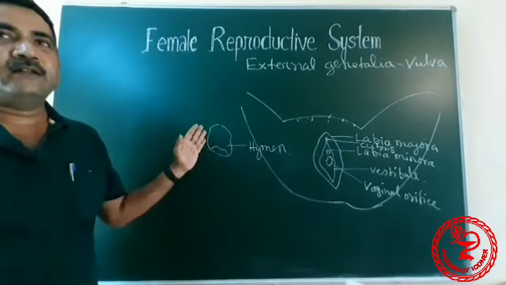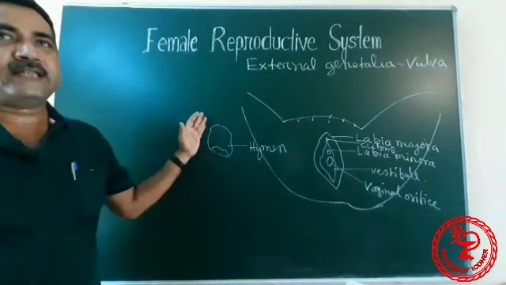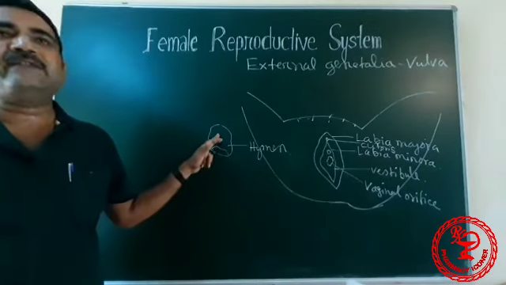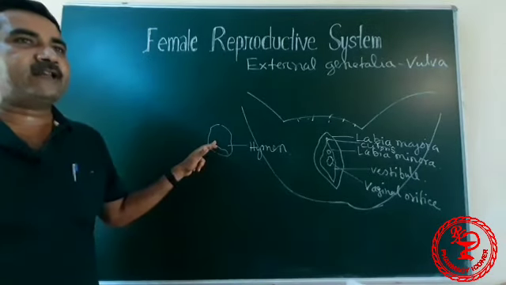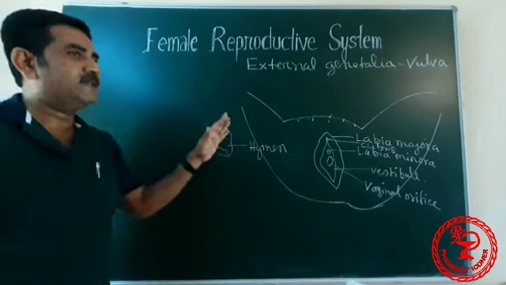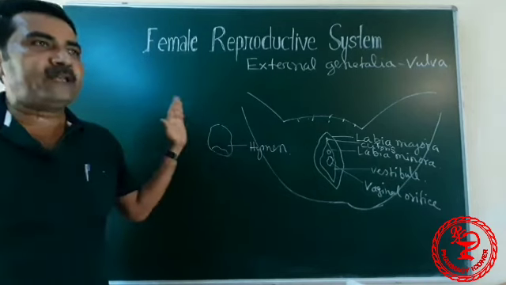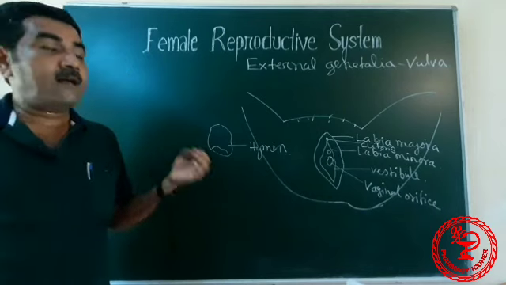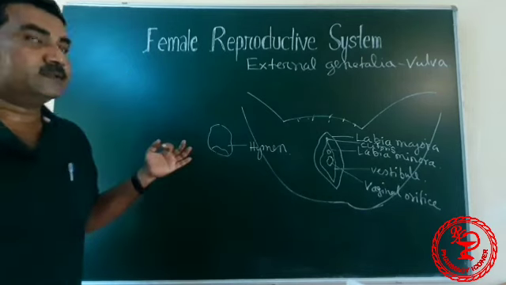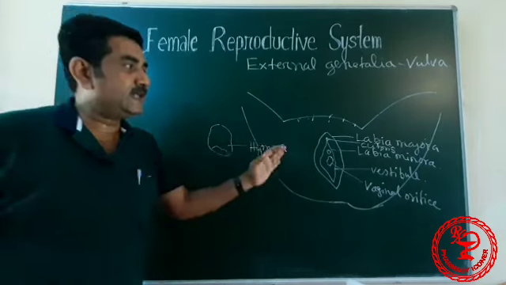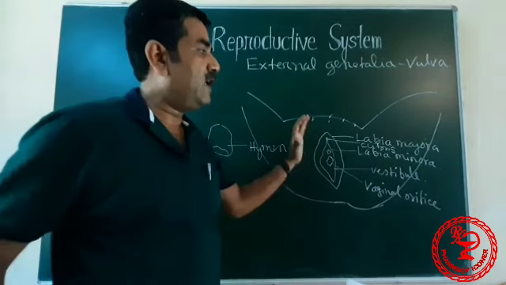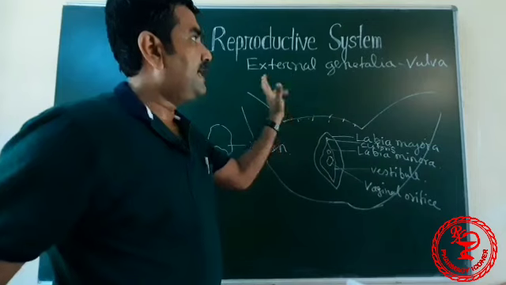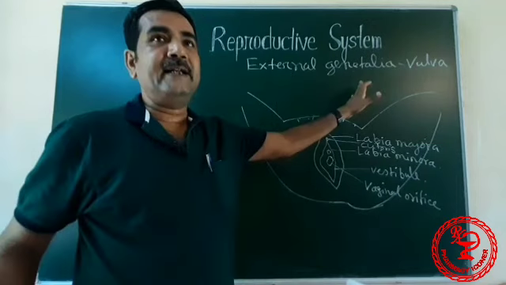However, with the increase in age, due to sexual activity or physical activity, this mucous membrane may not be present in some females. So this is the vulva or external genitalia.